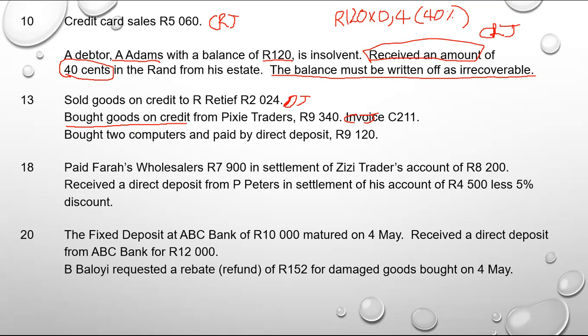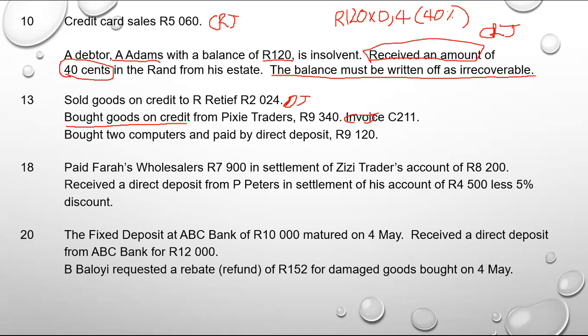It says that we bought two computers and paid by direct deposit 9,120. Guys, they did not say that 9,120 is for each computer. That's why I said read the English carefully. So that means that 9,120, because that's what we paid, is for both computers. So read the question carefully.